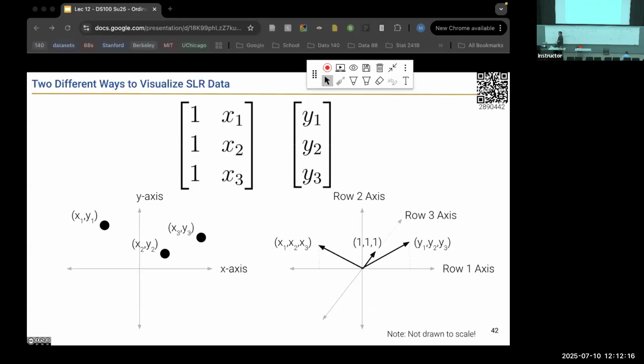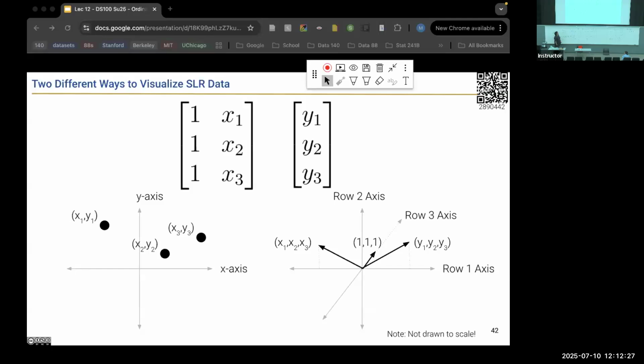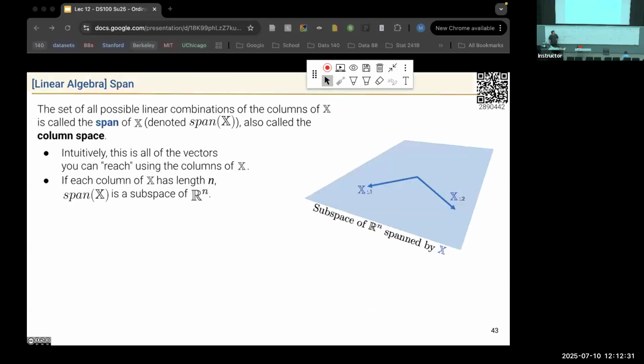Well, we can regard the columns of a matrix as vectors. Each column is a separate vector, right? That's what we did here. These are called column vectors, because they're columns and we look at them as vectors.